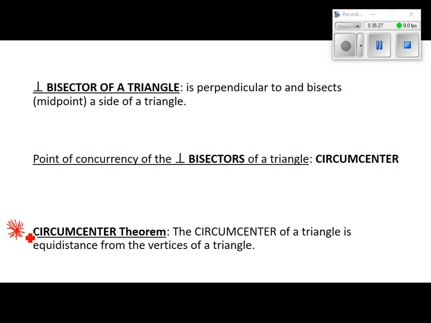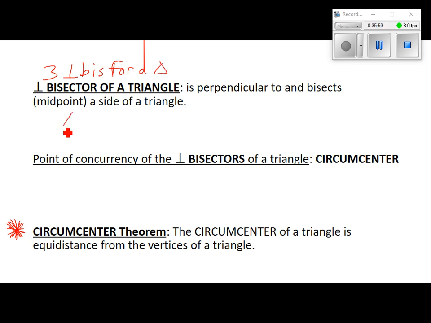So if a triangle has 3 sides, how many perpendicular bisectors is it going to have? 3. So you might write down there are 3 perpendicular bisectors for a triangle. Every triangle has 3 perpendicular bisectors, and every triangle is going to have 3 of all these things that we talk about over the next few minutes.